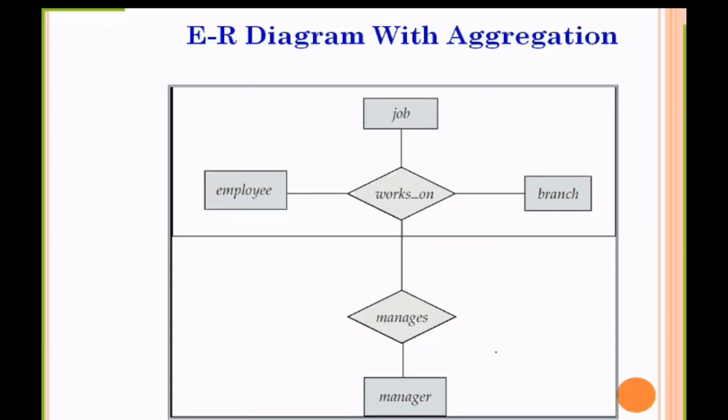So we can say that in the manages relationship there is an involvement of four different entity sets: three from the works on relationship and one from the manager. This type of relationship is called aggregation.